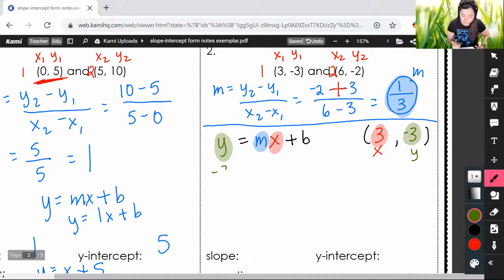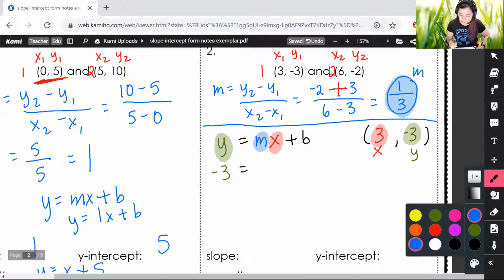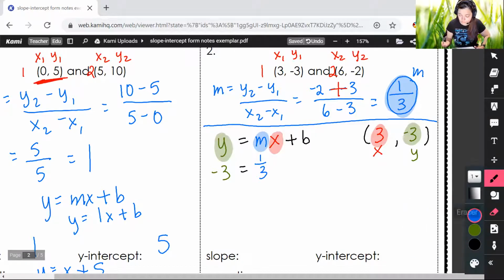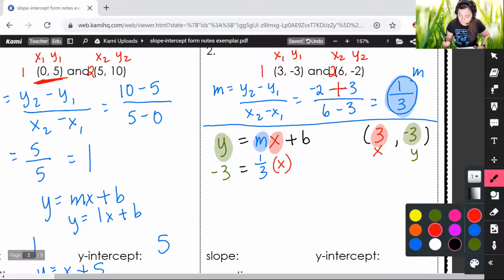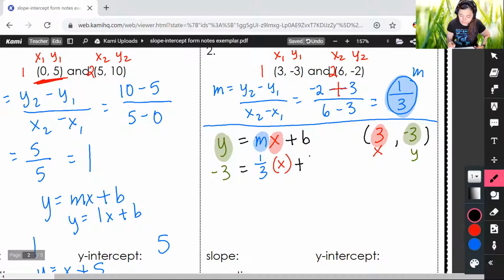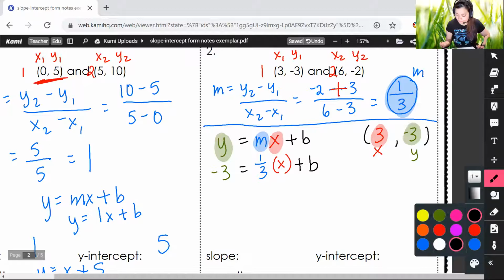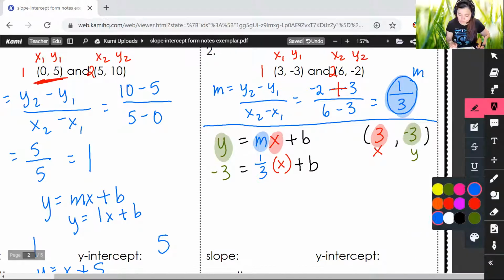So we have -3 equals 1/3 times x plus b. And I'm trying really hard to make these b's look like b's and not 6's, because you don't want to think that it's a 6 and then do all your math wrong. So trying. All right, so there's the 1/3.